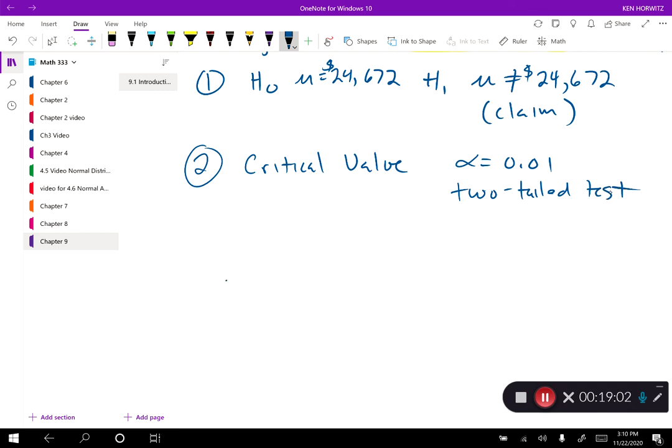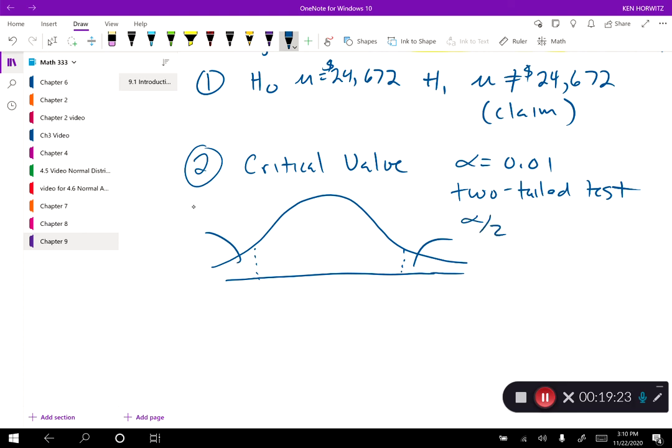And I'm going to quickly draw what I'm referencing on our two-tailed test. So we have one tail here, one tail here. Both of these would be considered rejection regions. So what happens is that alpha gets divided by 2 because we put half of our area in one of the rejection regions and half of our area in the other one.